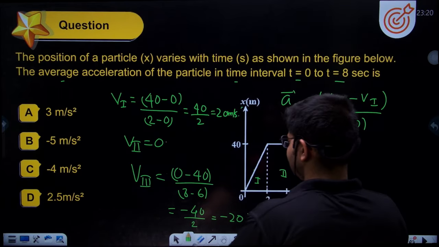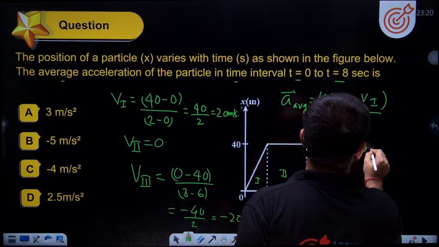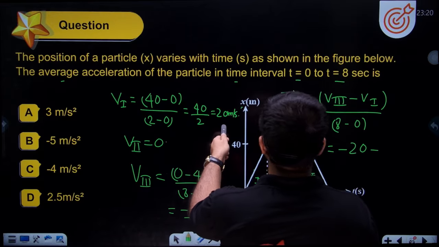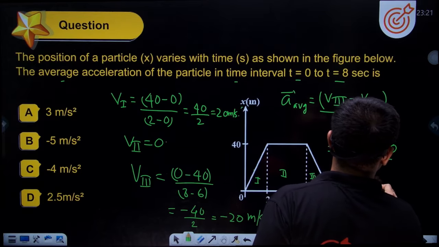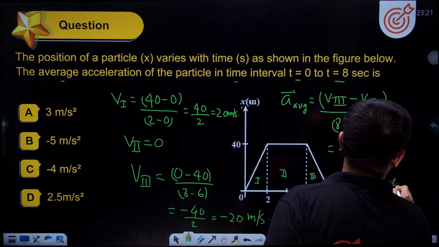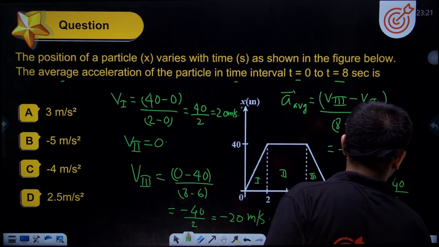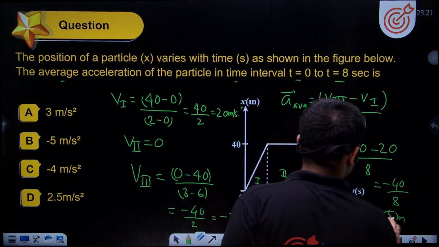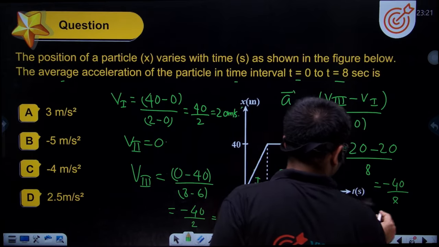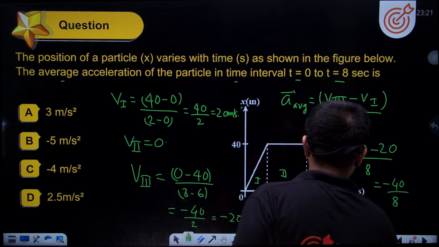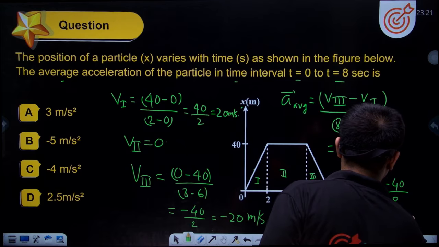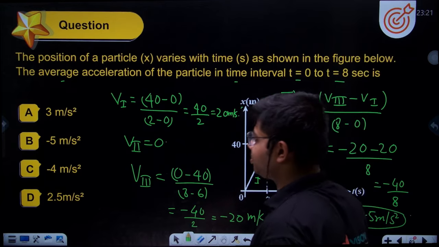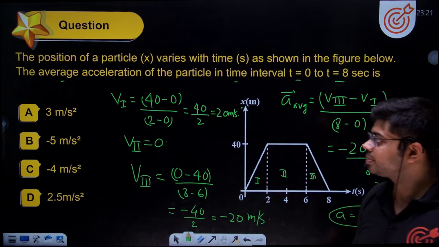So this is minus 20 minus 20 divided by 8. So this is going to give you minus 40 by 8. So minus 5 meter per second square is the answer. Acceleration is going to be minus 5 meter per second square. So option B is the correct option here.